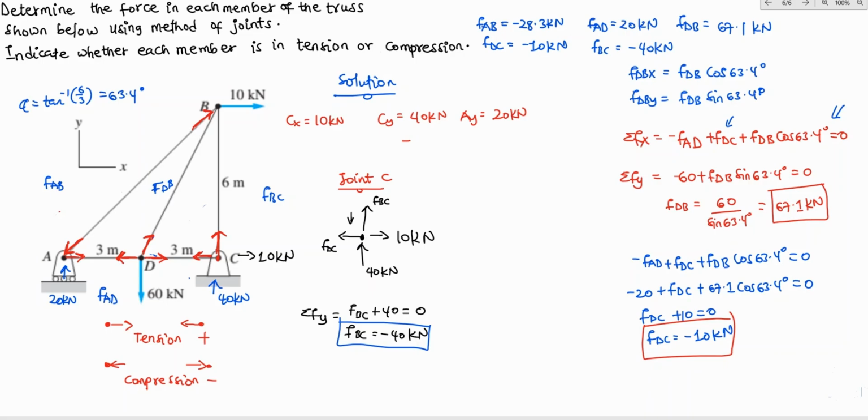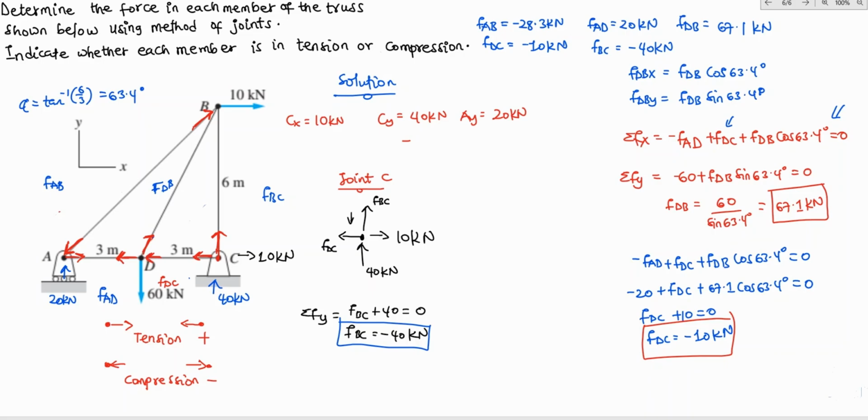Alright, so now let's consider joint D also. For joint D, you have FAD, and that direction is correct. And then you have FDC. You got FDC to be minus 10, which means that's not the direction, so this will be the actual direction for FDC.